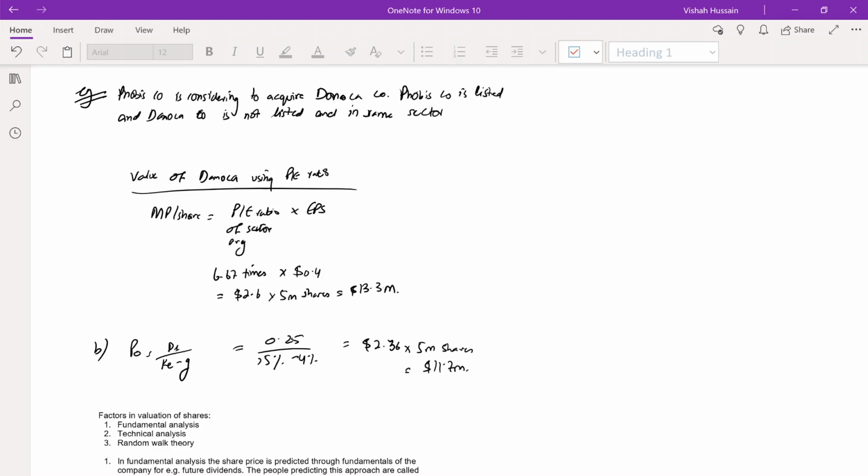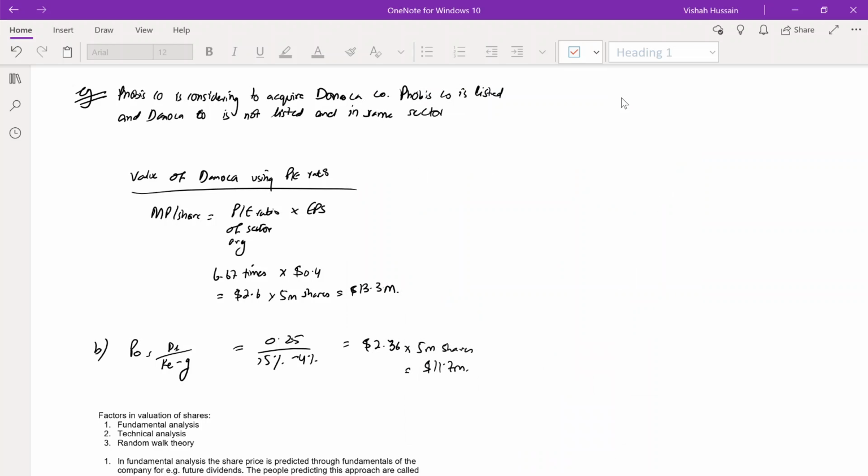So the value of Denoka using price to earning ratio would be computed now through the average sector ratio, that is going to be 6.67 times into 0.4. That would give us $13.3 as the value.